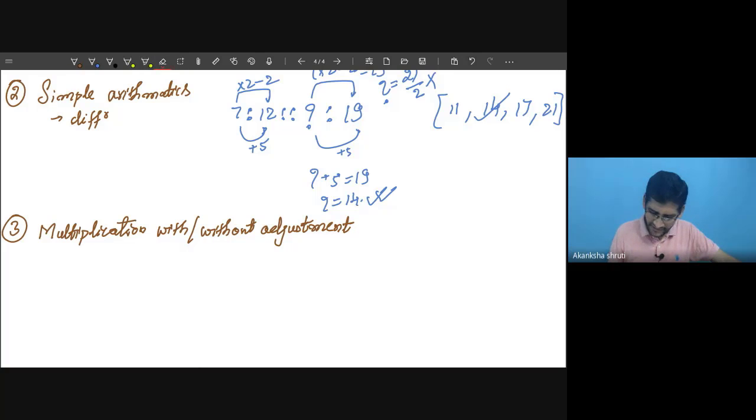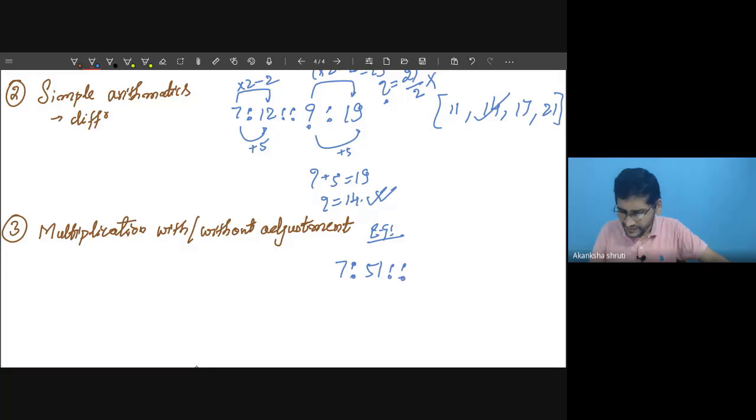So it is again very easy. In series, whatever we have learned earlier, everything is applicable here also. If I am taking, say, 7 is to 51, then what is to 83? Very easy.